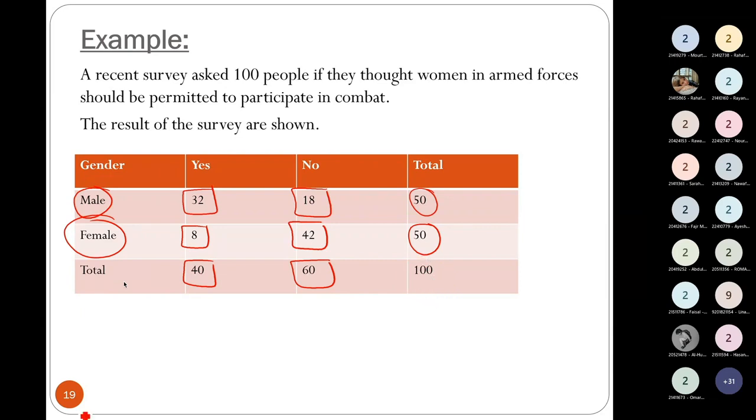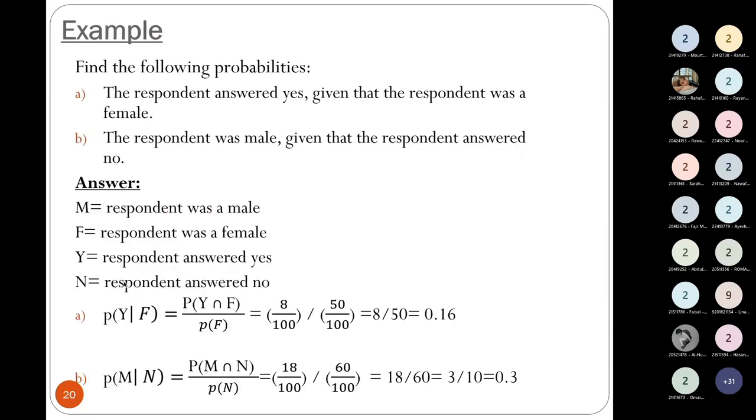Now, the question is: the respondent answered yes, given that the respondent was female. This equals the probability of yes and female over the probability of female.